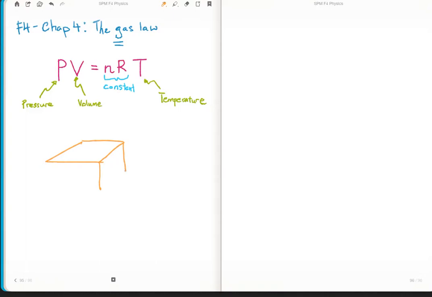In this equation, or in SPM physics, you have an isolated system where you have a fixed amount of molecules, the amount of molecules, or the mass, or amount of atoms.